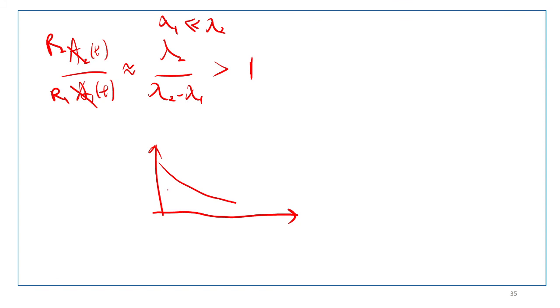So if you know r1 is according to this curve, that is r1 of t.